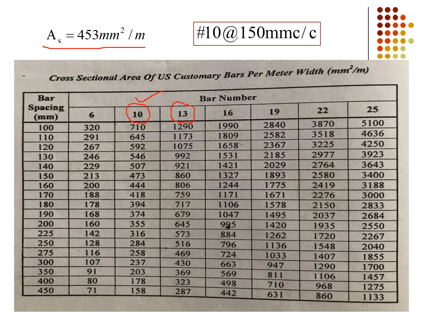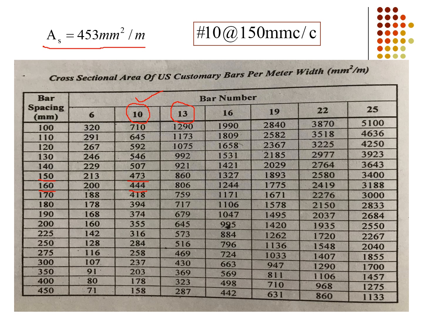Corresponding to number 10 bar, I need to see where my 453 millimeter square per meter is. It is in between 473 and 444. Corresponding to 444, I have 160 millimeter bar spacing, and corresponding to 473, I have 150 millimeter spacing.